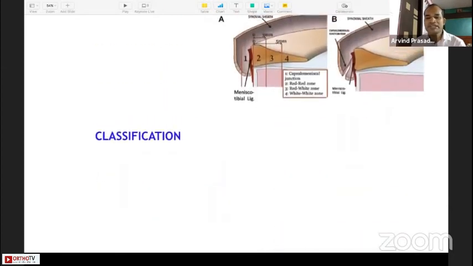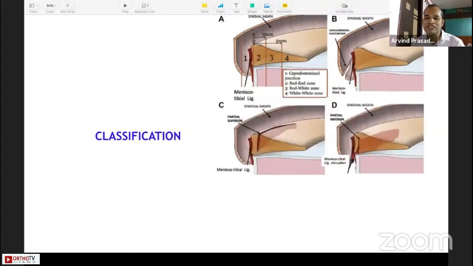And with the increasing knowledge of all this anatomy, a classification has been given for it. This is the normal attachment of the capsule with the meniscus, and this is the meniscus, and this is the tibia, and this is the meniscotibial ligament. Type 1 is the tear in the meniscocapsular part, particularly the synovial sheath.